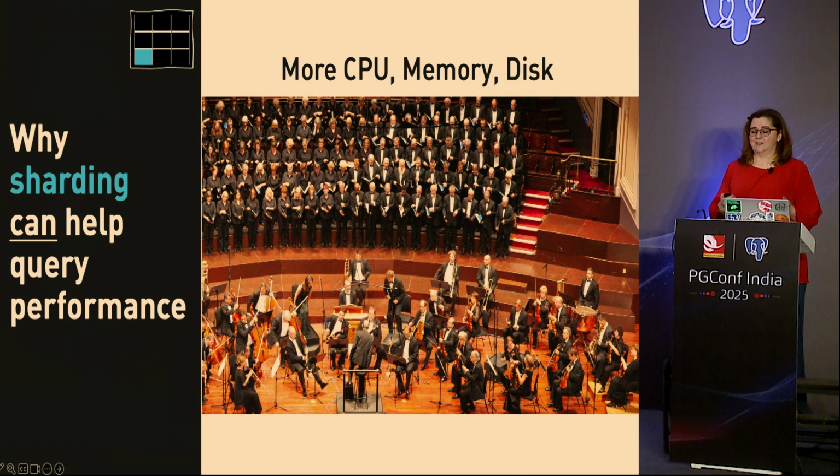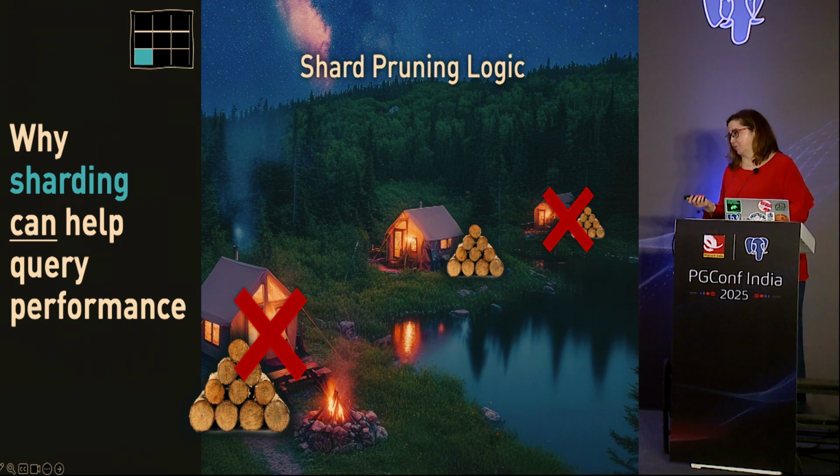But if you add in a choir and you double the number of musicians and instruments, you're probably going to have an even more performant and beautiful sounding orchestra. And so that's my analogy for the fact that more CPU, more memory, and more disk can improve query performance.